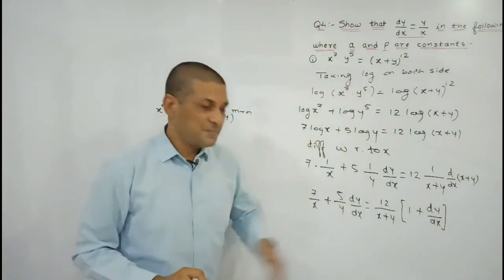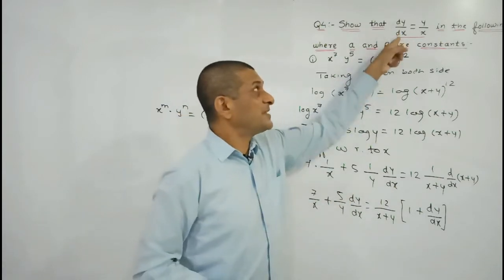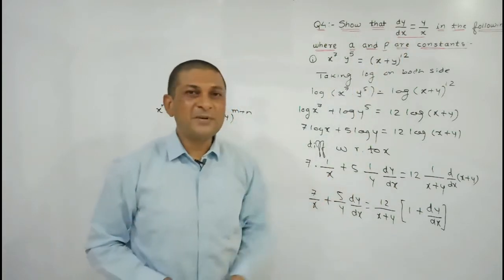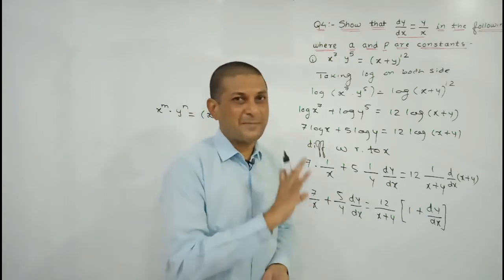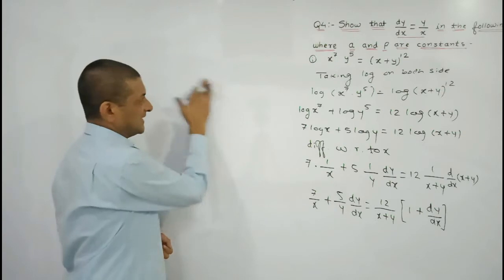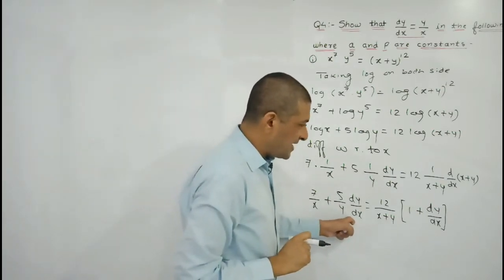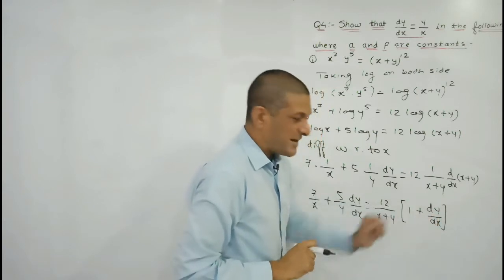Now we have to simplify this equation and show that the simplest form will be, that is, the value of dy by dx will be equal to what? y by x. Now we are collecting the terms of dy by dx on one side and the remaining terms on the other side. Observe that this is one term of dy by dx and here also one term of dy by dx is there.